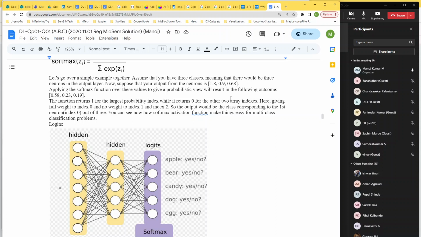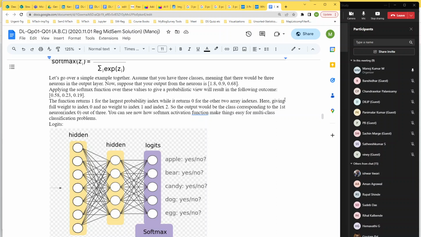Assume that you have 3 classes, meaning there would be 3 neurons in the output layer. Now suppose you have outputs 1.8, 0.9, and a third value. Applying the softmax function returns the following outcome: 0.58, 0.23, 0.19. So the softmax output will be like this. The function returns 1 for the largest probability index, while it returns 0 for the other two.